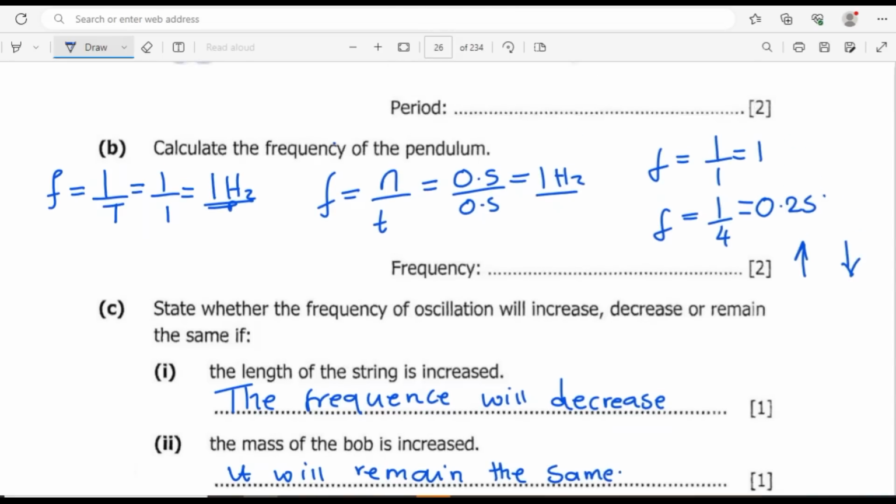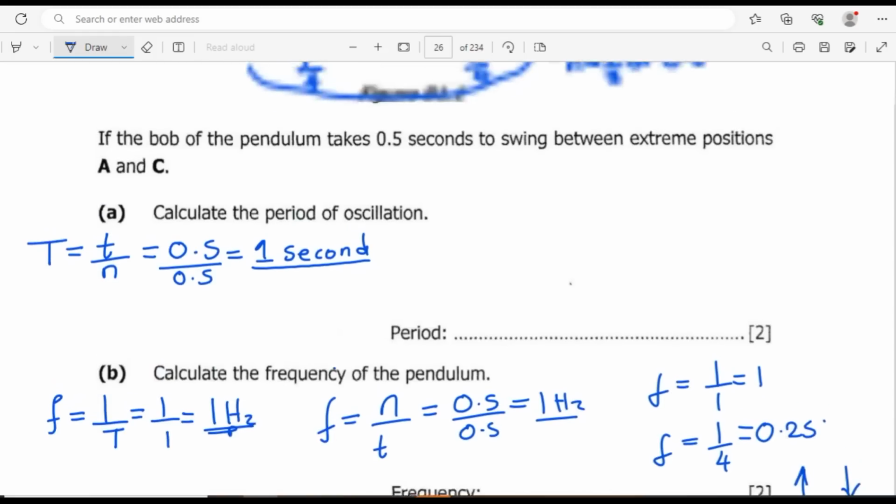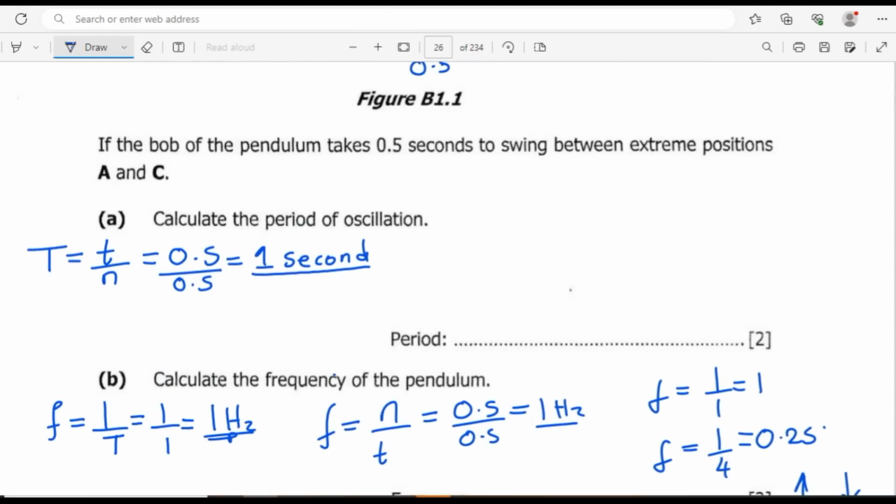Then what else can we encounter apart from these questions? You may be given questions like factors which affect period. The first one, the length of the pendulum.